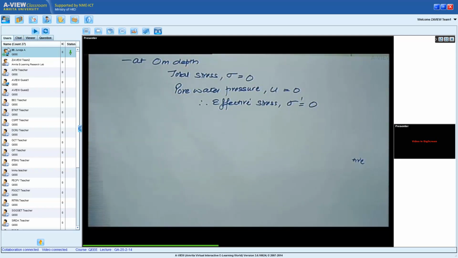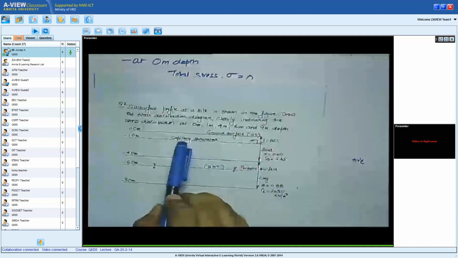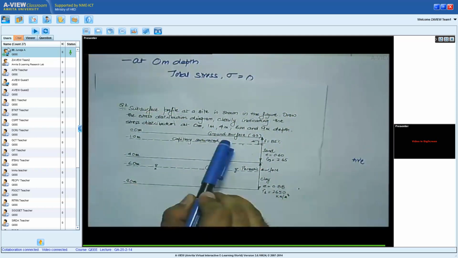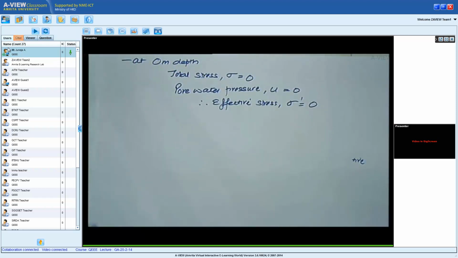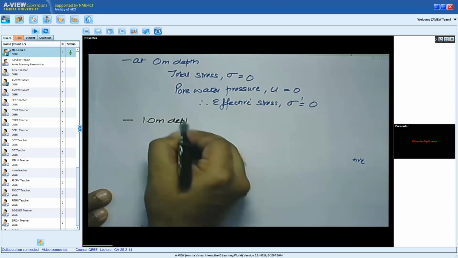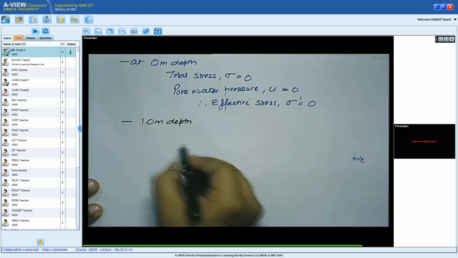What about the next part? The next part is at 1 meter. If you look at this question carefully, it's capillary saturated at 1 meter. So let's evaluate the total stress, pore water pressure, and the effective stress at 1 meter. I'll just represent sigma as total stress.